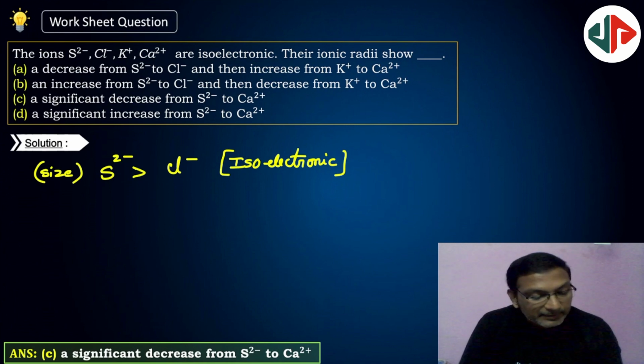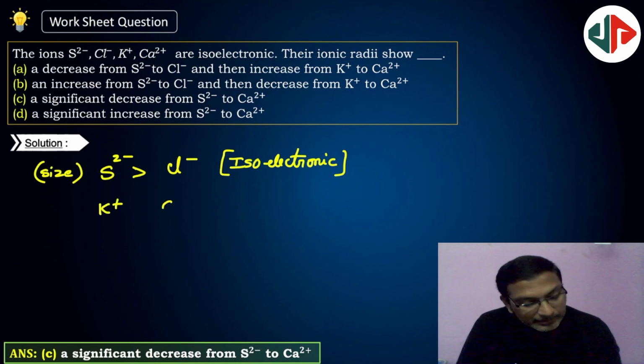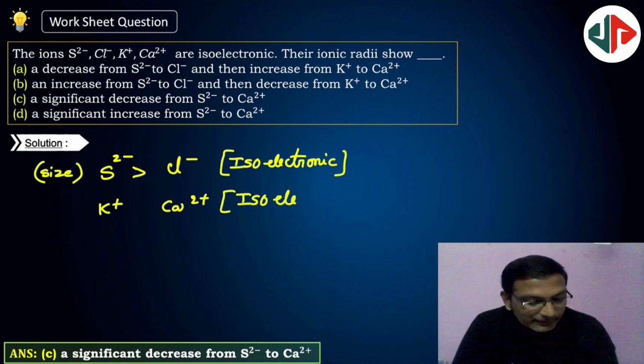Check options one by one. There is decrease from S 2 minus to Cl minus. Next one more, K plus and Ca 2 plus. So K plus and Ca 2 plus again isoelectronic. So K plus has more size.